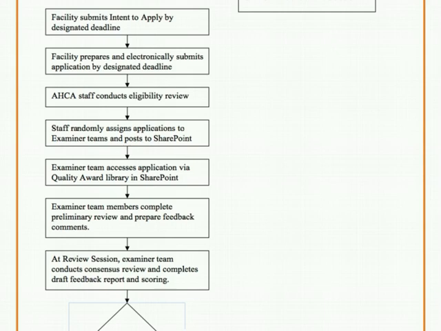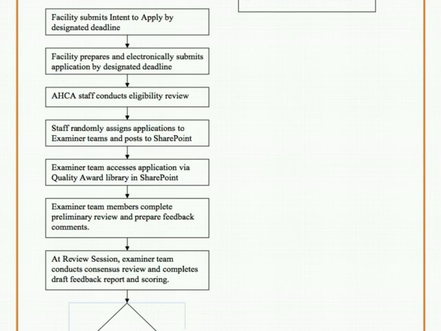And then staff randomly assigns applications to the examiner teams and posts those applications to the SharePoint website. Although staff does randomly assign applications, we also are careful to check for any apparent conflicts of interest between examiners and their assigned applications.